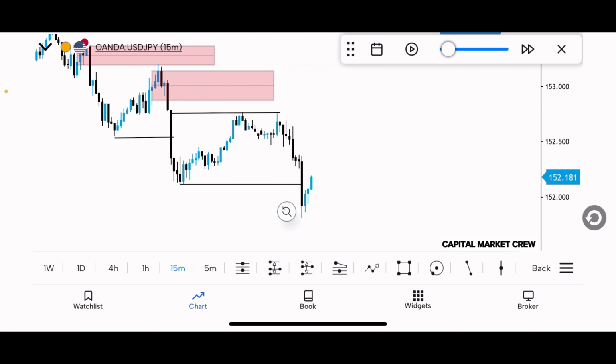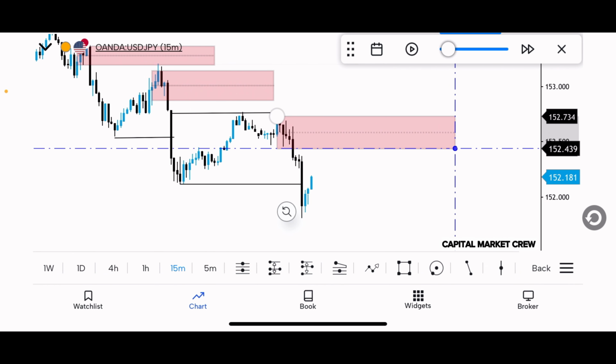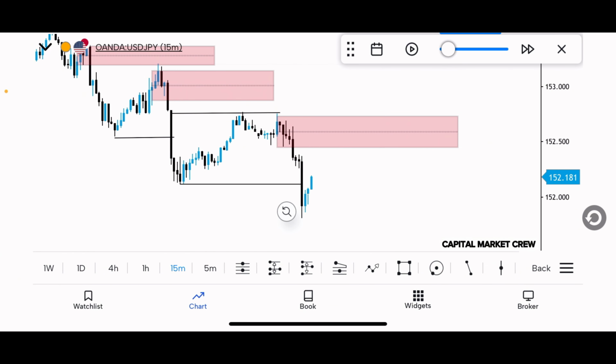So many people, for instance, can come down with, for example, some people will be looking to enter the market somewhere here, thinking here is a good supply zone to enter the market, forgetting this supply zone here hasn't been tested or mitigated before.